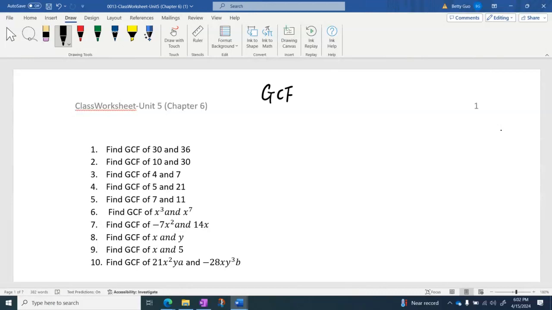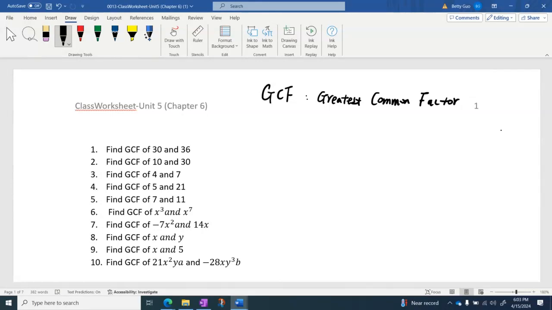GCF stands for the greatest common factor. And we have two special cases when we need to find the GCF of two given quantities.